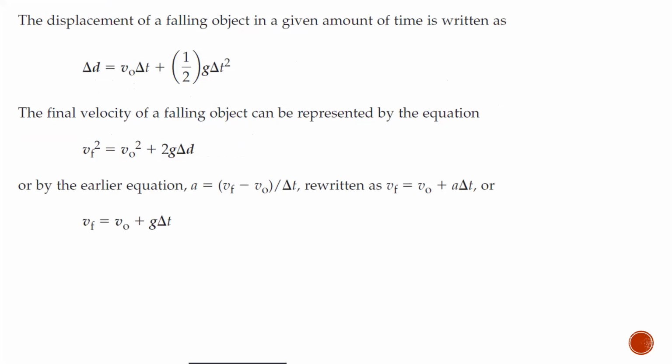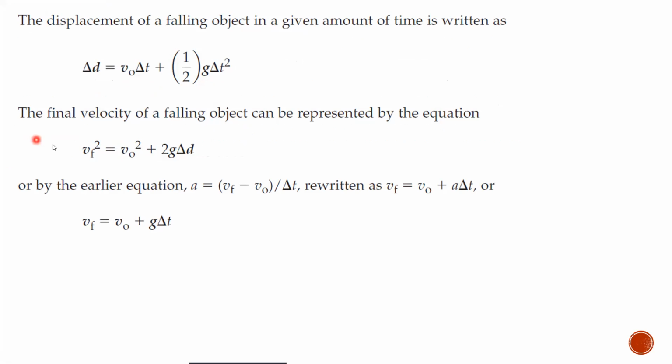Now, the displacement of a falling object in a given amount of time is written as delta D equals V initial delta T plus half G delta T squared.